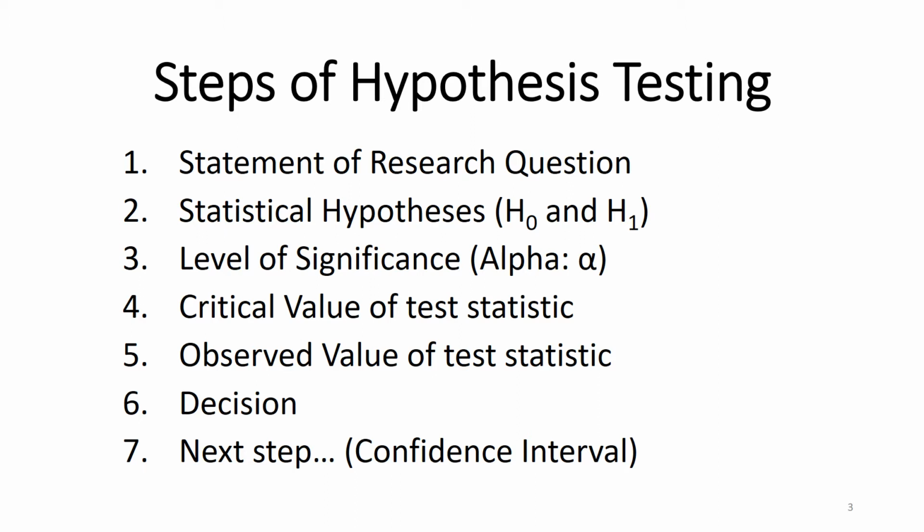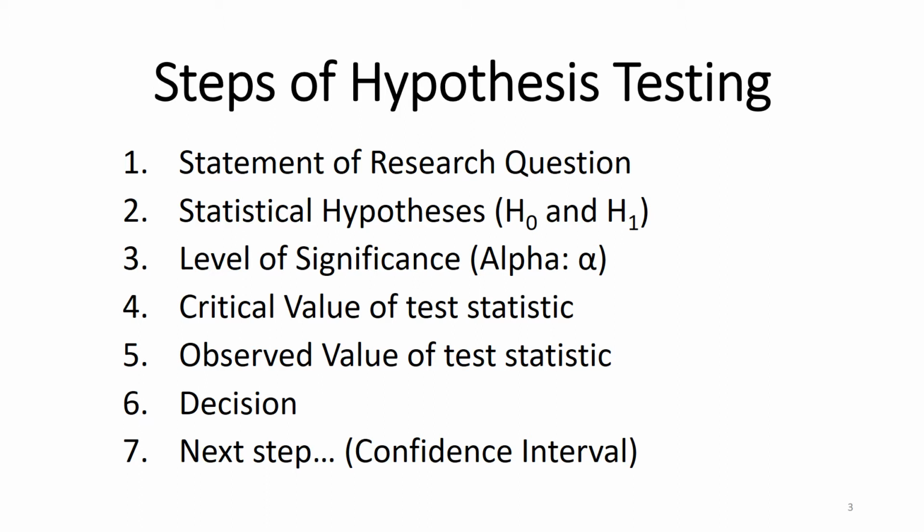Once we have our research question, we, as the statisticians, need to translate it into two competing statistical hypotheses that we can test against each other. And remember, at the end of any hypothesis test, we're going to have to pick one of those hypotheses.